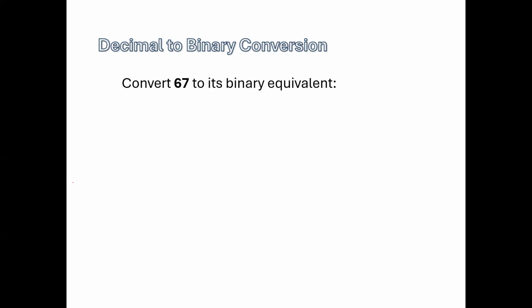Now, for binary conversions, I have base 10. I want to change from base 10 to binary, to base 2. Over there, I have 67. So I want to change from 67 to its equivalent in base 2. How will I do this?